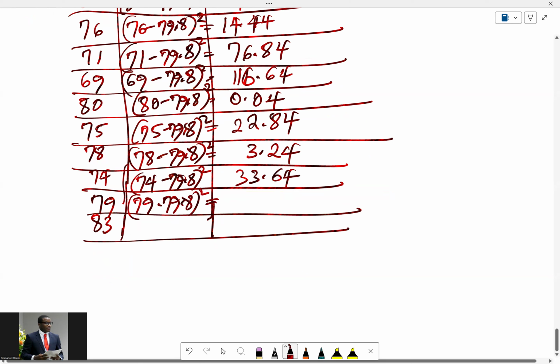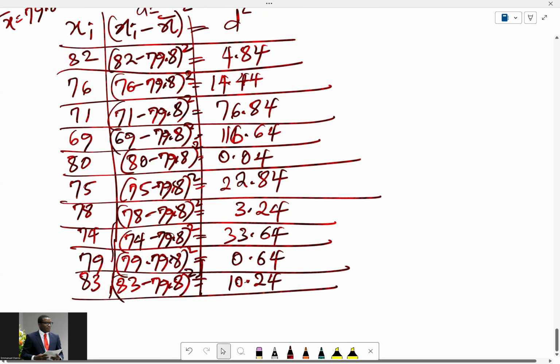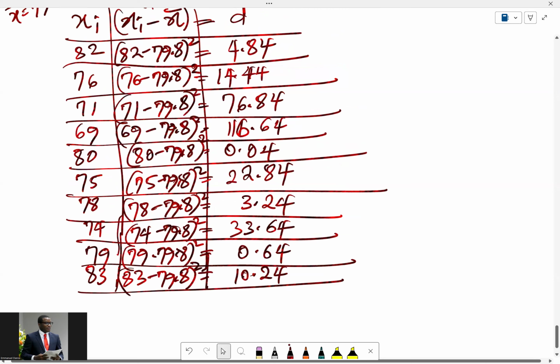That is something tiny, which is 0.64. And then lastly, we have 83 minus 79.8 squared, and that will be 10.24 when we subtract and square. Okay, so we have all this now.